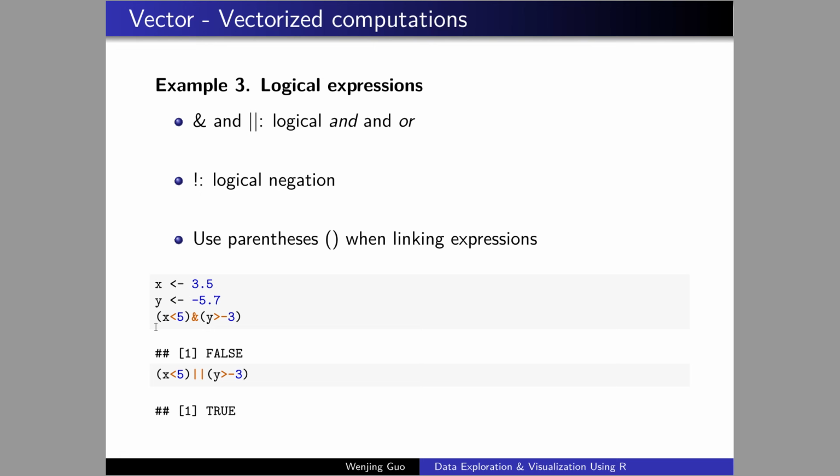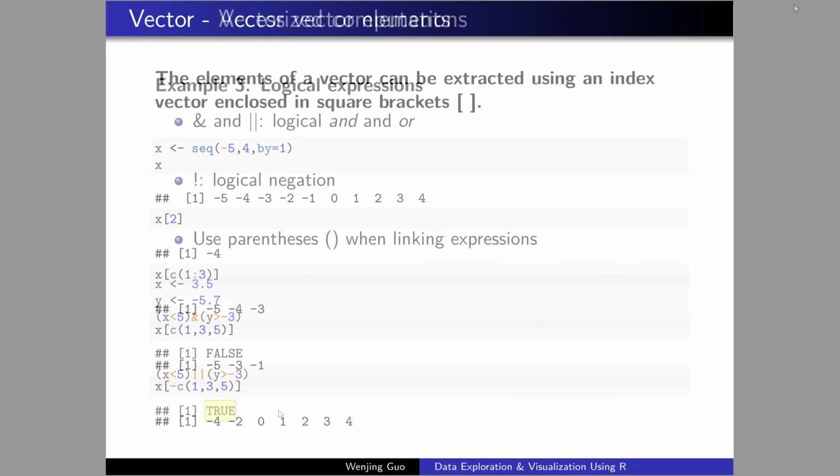We want to check whether x is less than 5 and y is greater than -3, we can use this R command and R returns false. Or if we would like to check whether x is less than 5 or y is greater than -3, we can use this R command and R returns true.